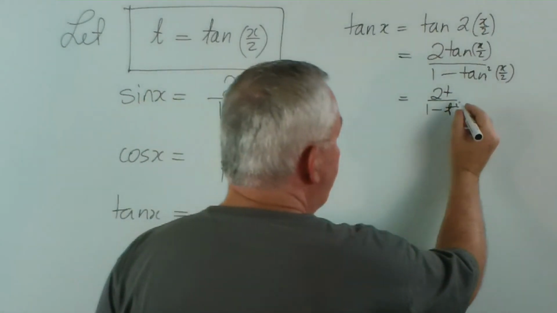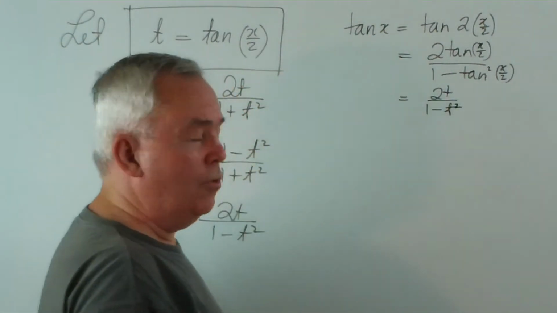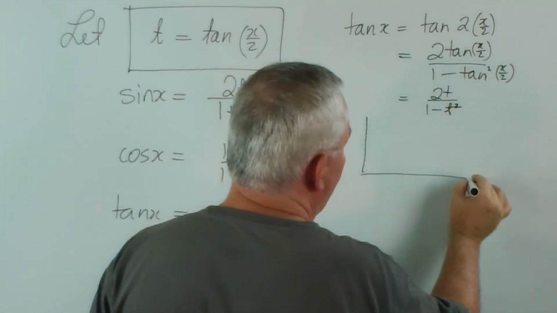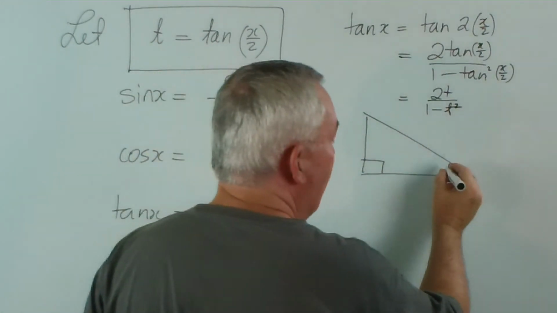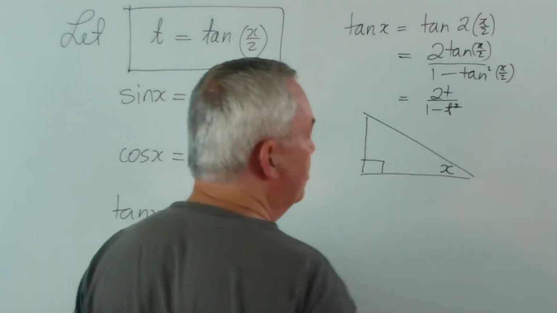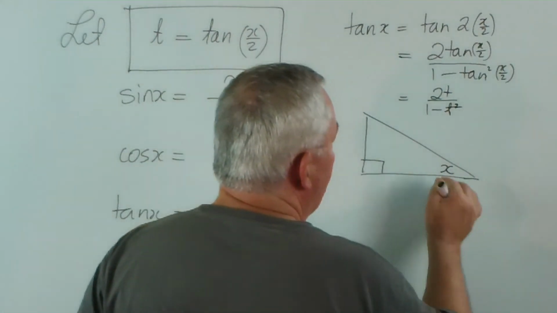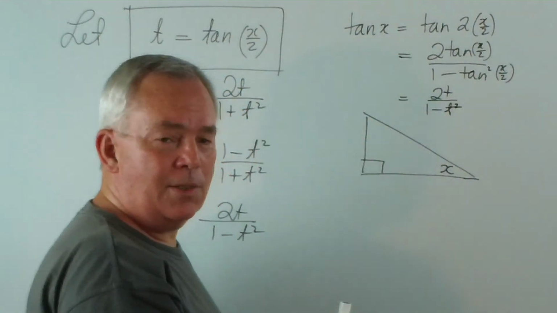Now, having got that far, and we had derived that before, we draw a triangle not with angle x on 2, but with angle x. Now here we have tan of x, which you remember is opposite over adjacent.